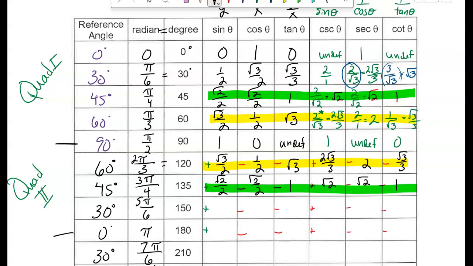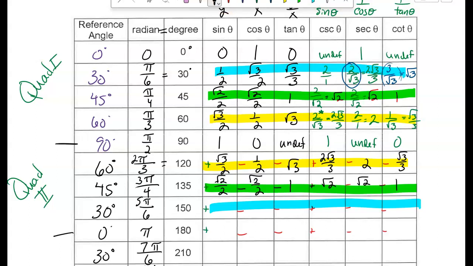Can anyone guess what we're going to do for the next one? If I'm at 5 pi over 6, or 150 degrees, what's your reference angle? So notice, I just use what's at 30 degrees, and I write it down. Are you seeing how you don't need to memorize as many numbers as this chart makes it look like? You're just using the patterns to go with it.